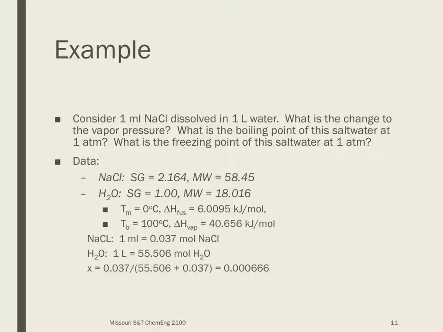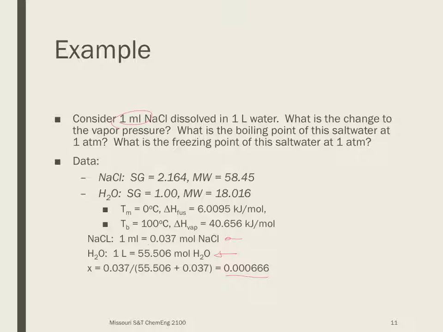So as you go through and do this, I'm also going to remember, always need to know what is X, and X is the mole fraction of the solute. So I have 1 milliliter of NaCl, okay, which is 0.037 moles of NaCl, added to 1 liter of water, which is 55.5 moles of water. And therefore the mole fraction is the amount of NaCl divided by the amount of total.